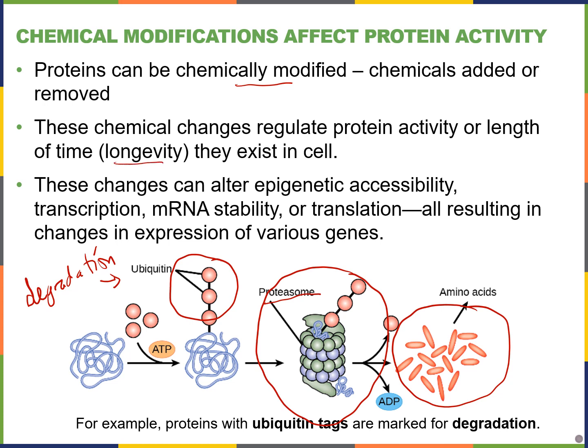These changes can alter epigenetic accessibility, transcription, mRNA stability, or translation. So this refers to the idea that we've seen throughout the chapter where these changes refer to chemical modifications, these chemical tags. Earlier we saw methylation, acetylation, and now we're looking at adding ubiquitin to proteins.